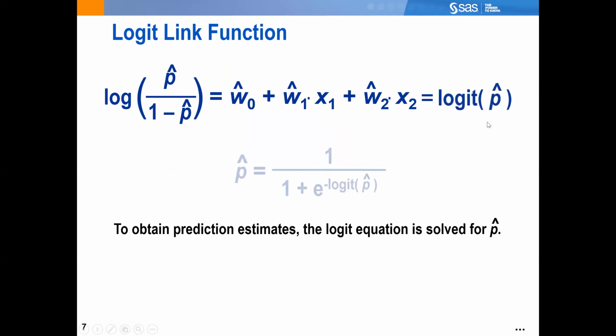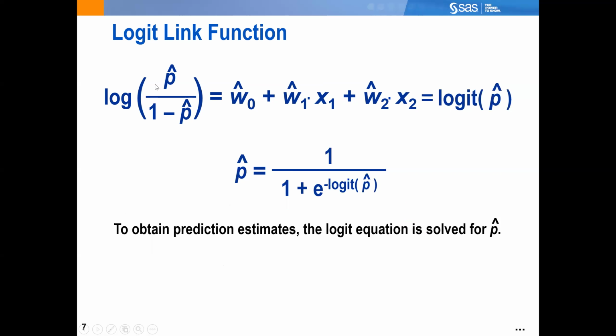What we're going to do here is call this entire expression the logit of p hat. That's my logit score. When I substitute that here and solve it for p, I get this value here.